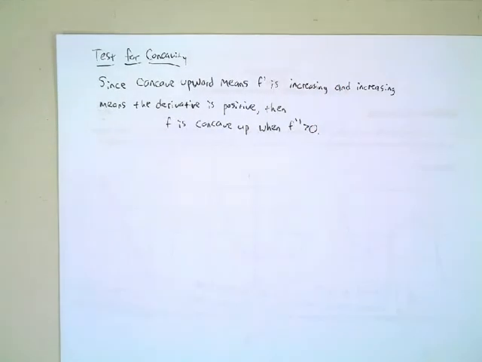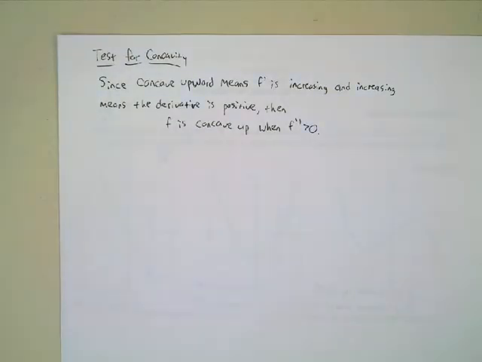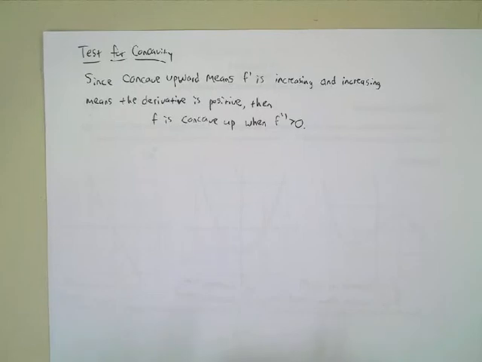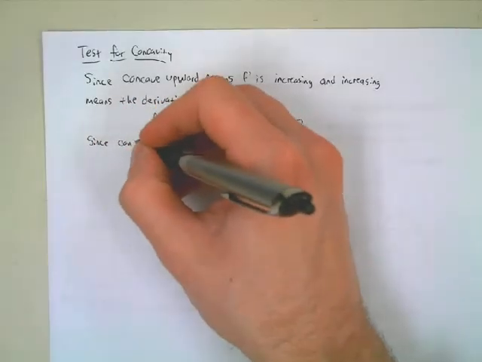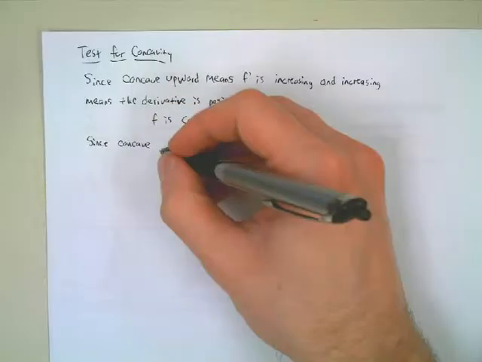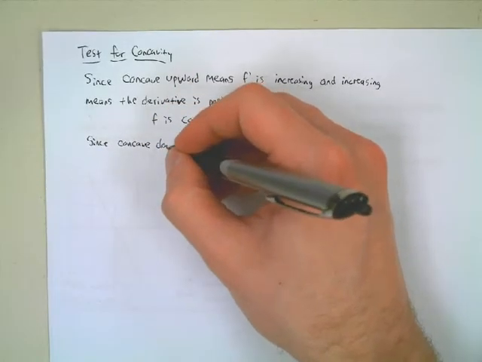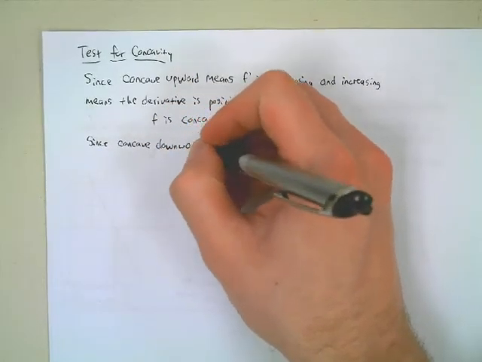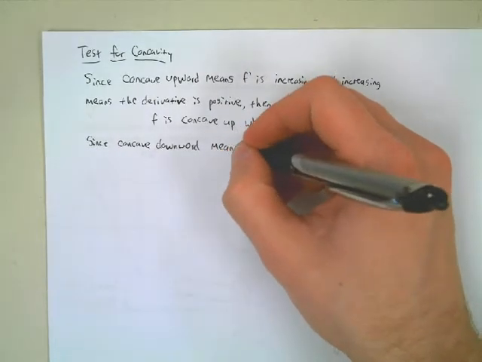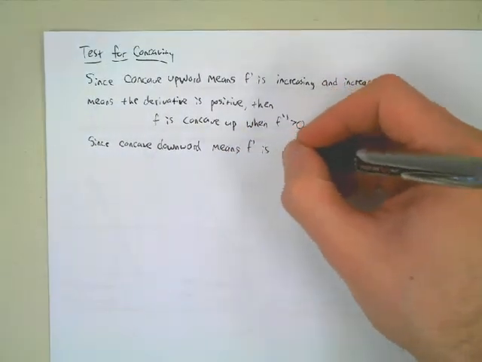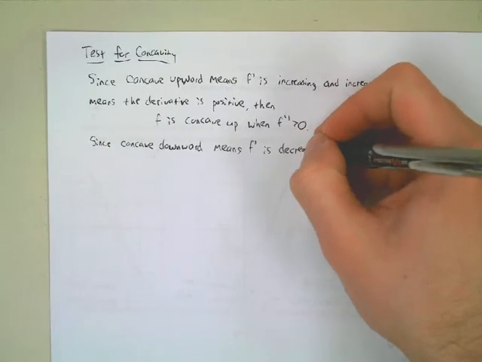And then since concave down, or downward, which is fine to just say down if you want to, since concave downward means f prime is decreasing, and if something is decreasing, that means its derivative is negative at that value, right?